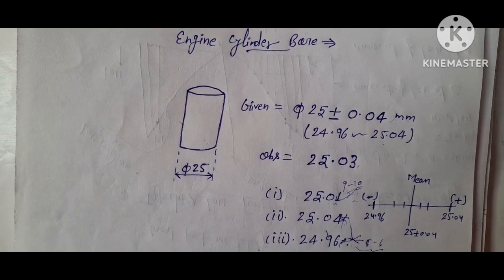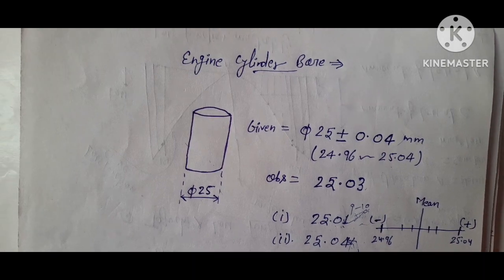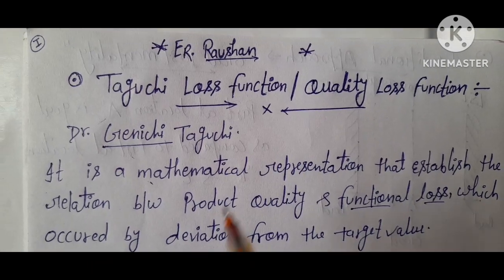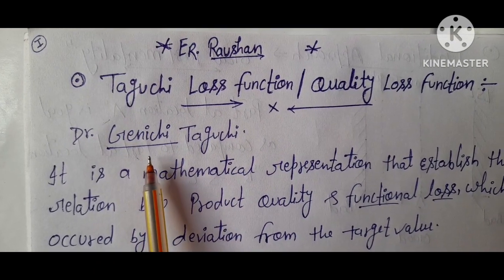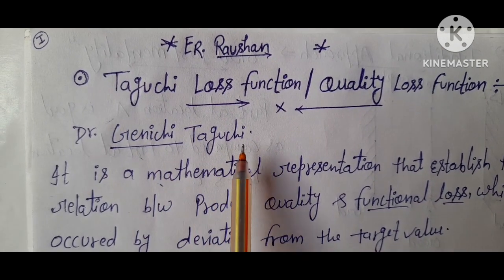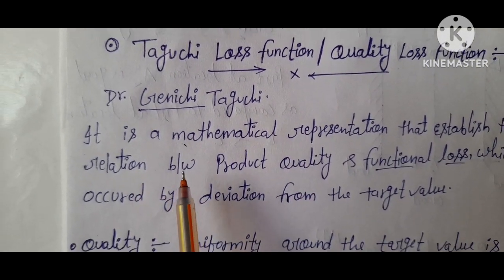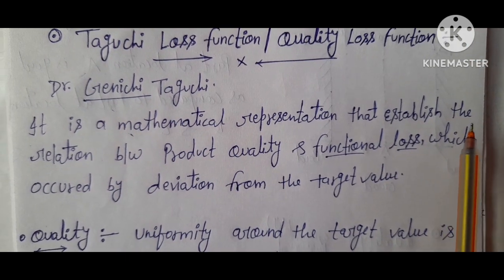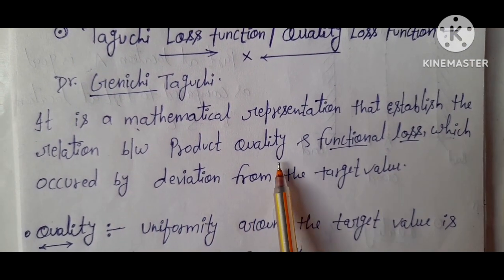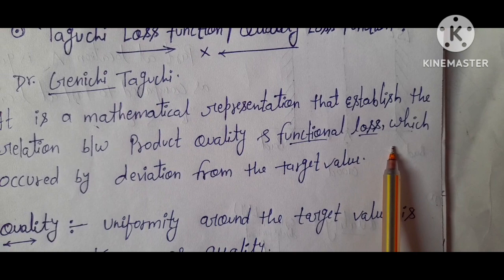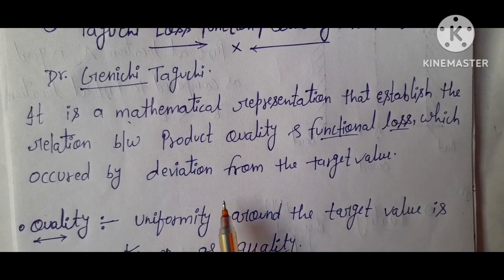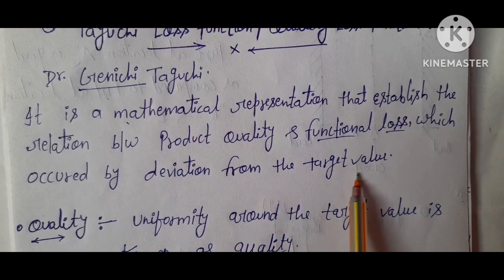So we are talking about the Taguchi loss function. The full name is Dr. Genichi Taguchi. Friends, it is a mathematical representation that establishes the relation between product quality and functional loss, which occurs by deviation from the target value.